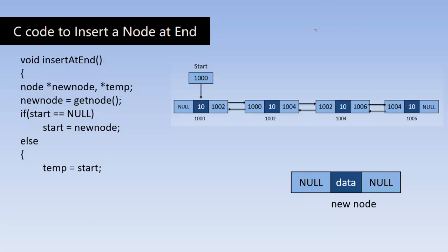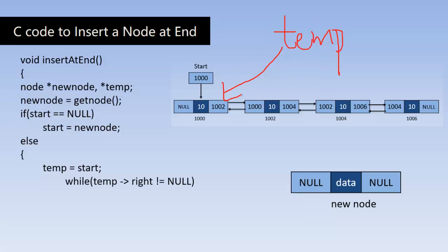So I'll store the content of start into temp. So now temp will start pointing to the first node, and I have to make this temp traverse till the end, right? So I will make use of this for loop to iterate until temp arrow right is not equal to null, making temp point to the next node every time.